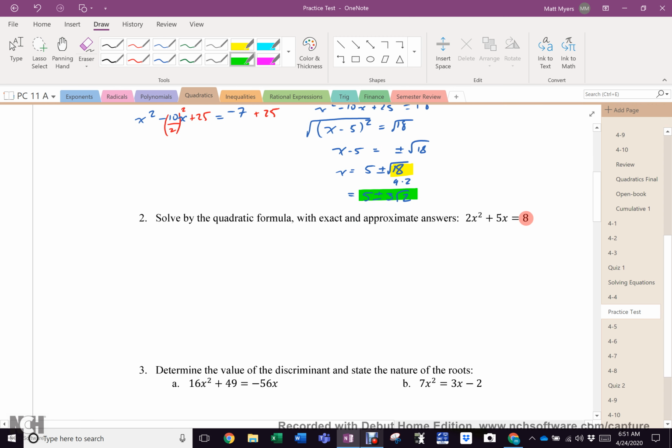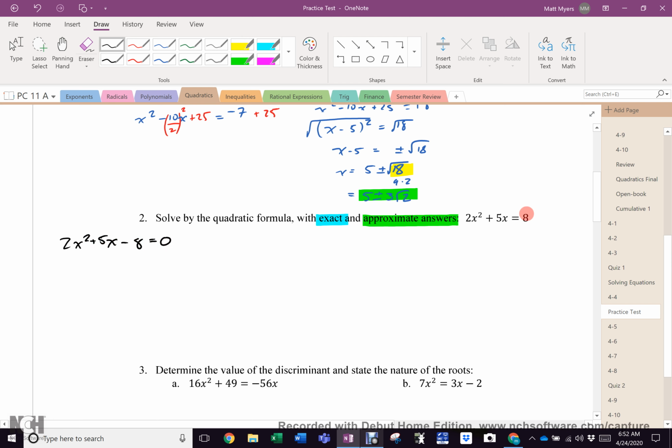Solved by the quadratic formula. Exact and approximate answers. So let's run the quadratic formula first. 2x squared plus 5x minus 8 equals 0, because I have to bring that 8 over here. Then, of course, I have a, b, c.